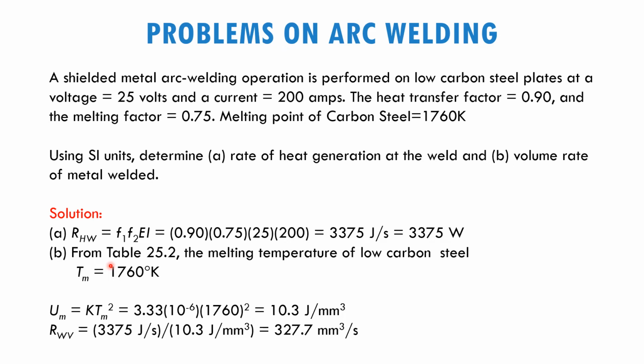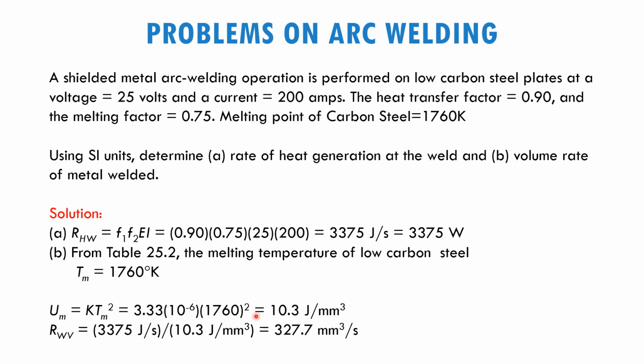Now for part B, what they want is the volume rate of metal welded. Since we have already been given the melting temperature, they would put the table here, but since I didn't provide the table, I just put the value here. So Tm equals 1760 K. Now what you have to calculate is UM, right? UM equals K Tm squared.